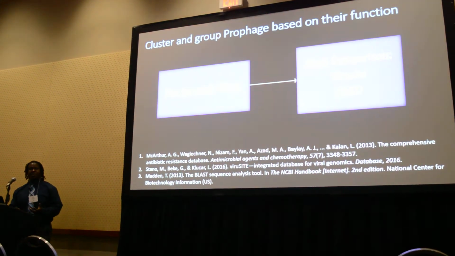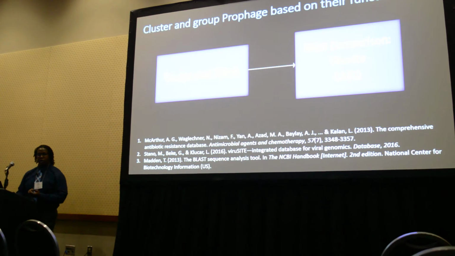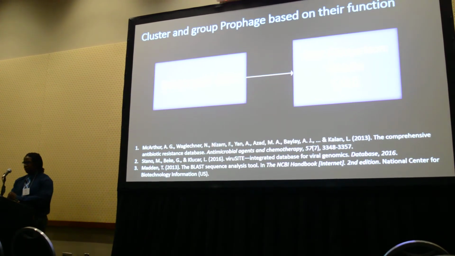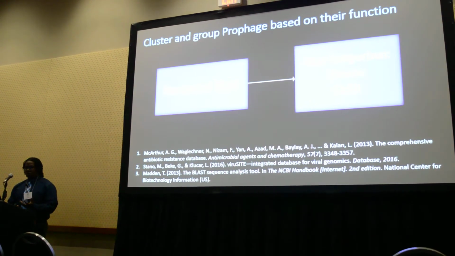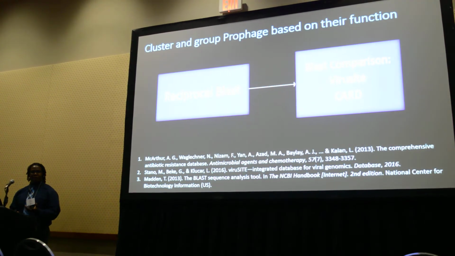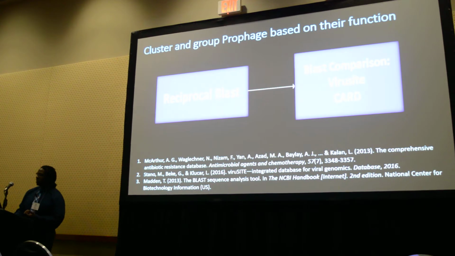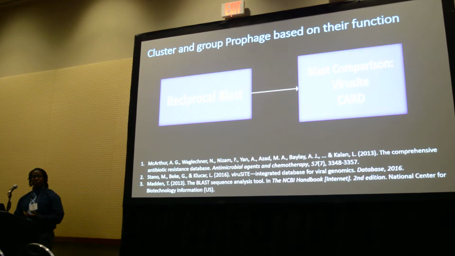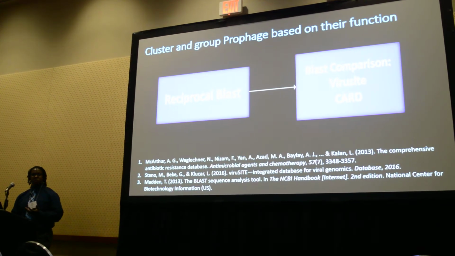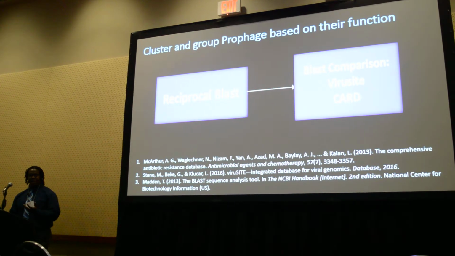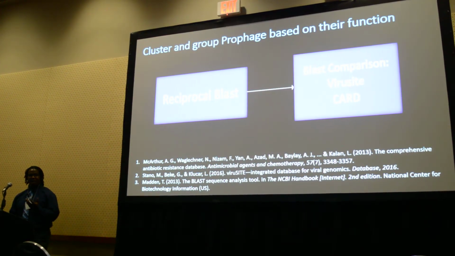So the second step in the pipeline is working with BLAST. For these 200,000 phages that I found, there's a lot of duplicates. So I wanted to filter them by doing a network analysis using the different genomes as nodes and the BLAST hits as the edges.